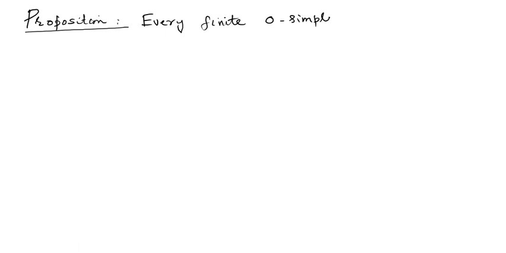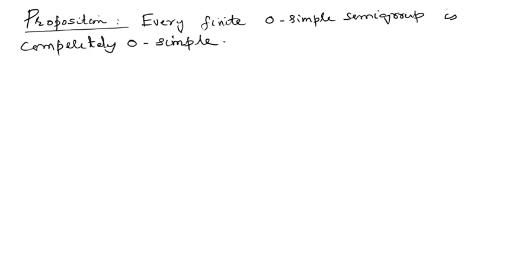So that's this proposition: every finite zero simple semigroup is completely zero simple. तो ये तो है ही.